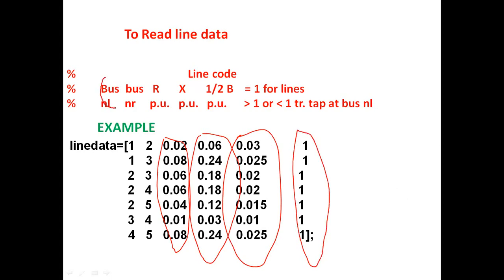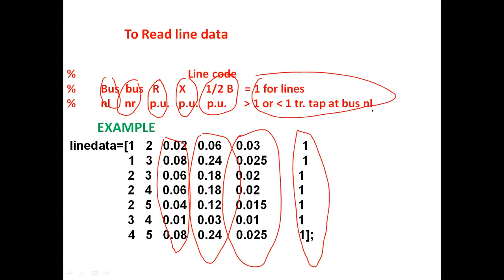You see NL, NR, resistance in per unit, reactance in per unit, half line charging admittance in per unit. If it equals one, it is a normal line; if greater or less than one, you can see taps on the buses, NL being on the sending end.